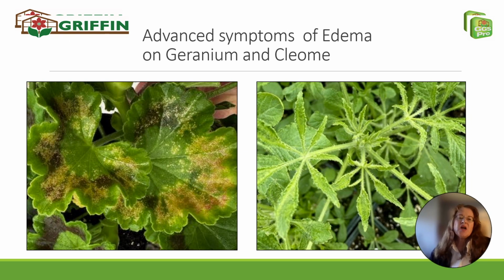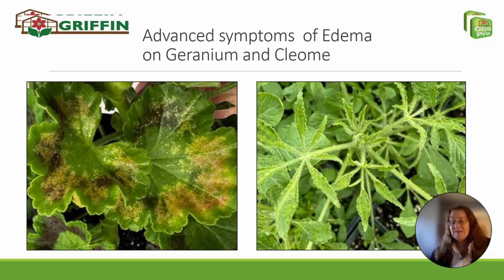It's super common in geraniums and cleome in the spring. Geraniums can get pretty ragged looking on the top of the foliage from the amount of damage on the bottom. In geraniums though, it's usually confined to the lower leaves, so we can clean those leaves off or outgrow it, change the conditions so we get out of the edema susceptibility mode, and the geraniums will be fine.